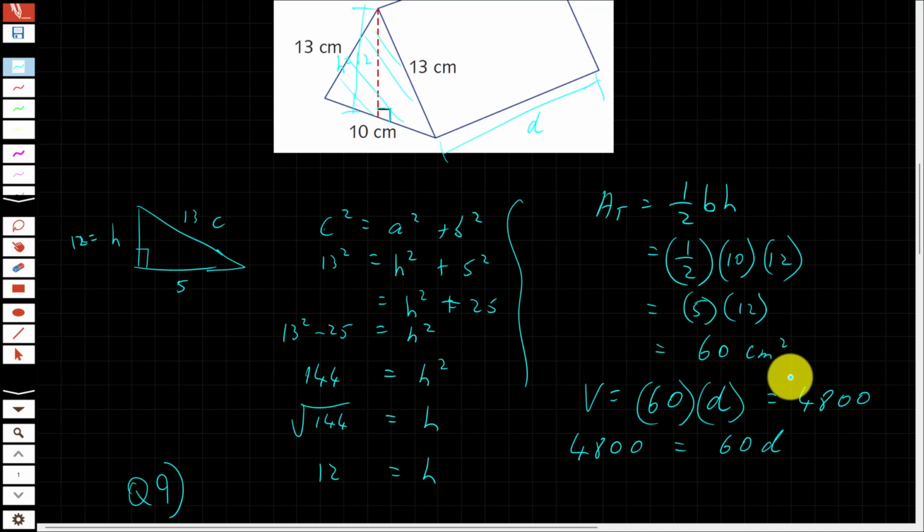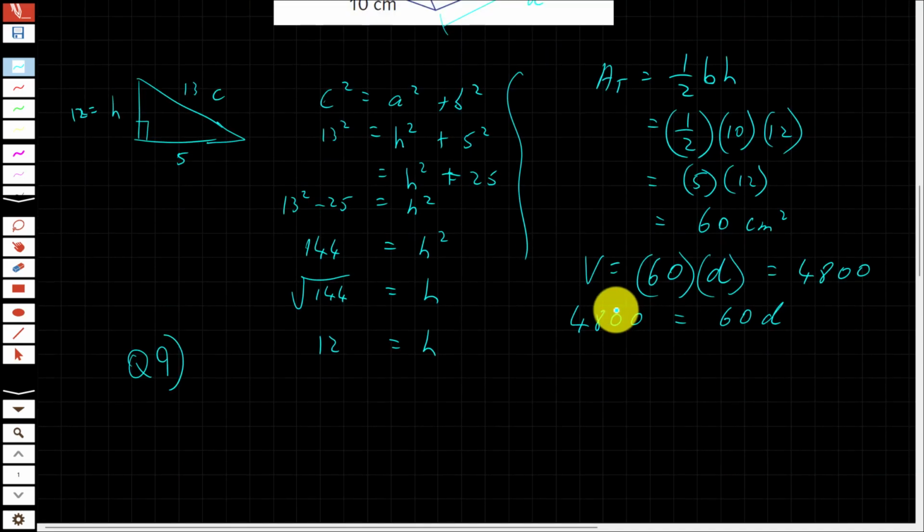So to do that, we can get rid of this 60 by dividing by 60 on the left hand side and the right hand side. Remember what we do to the left hand side, we also need to do to the right hand side. So 4800 divided by 60 equals 60d divided by 60.